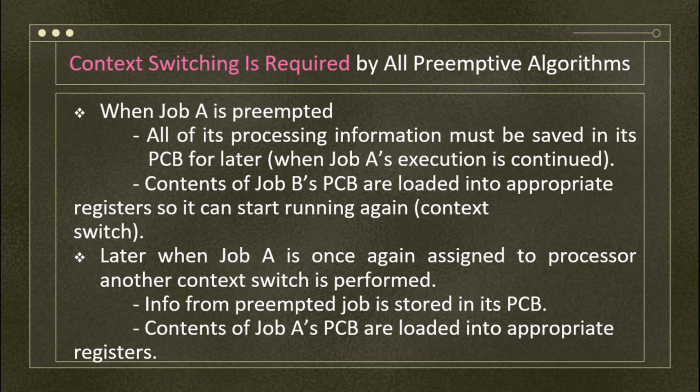Next, later, when job A is once again assigned to a processor, another context switch is performed. Info from preempted job is stored in its PCB, and contents of job A's PCB are loaded into appropriate registers.